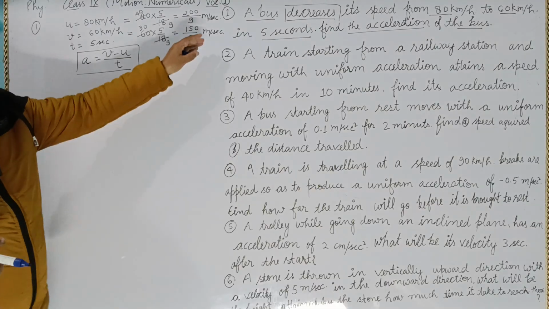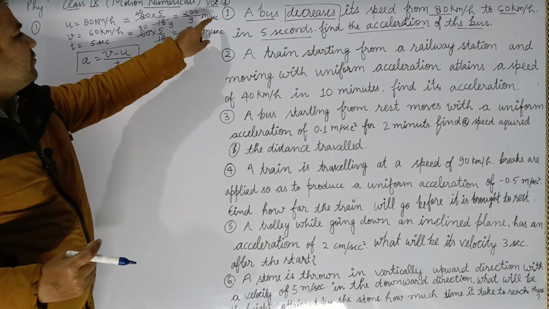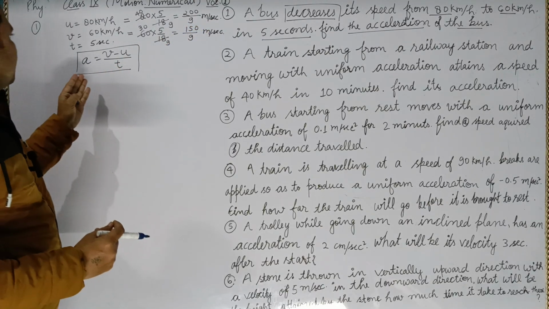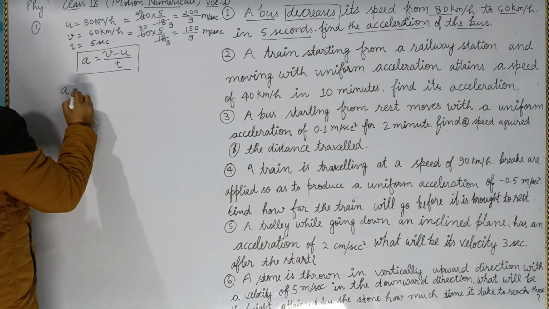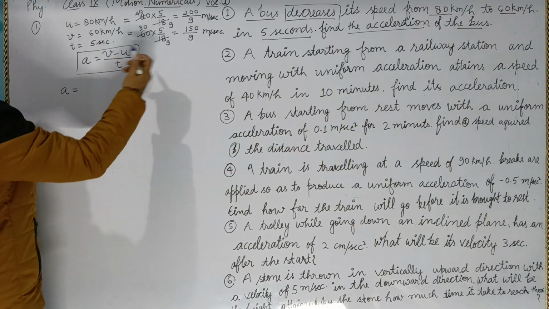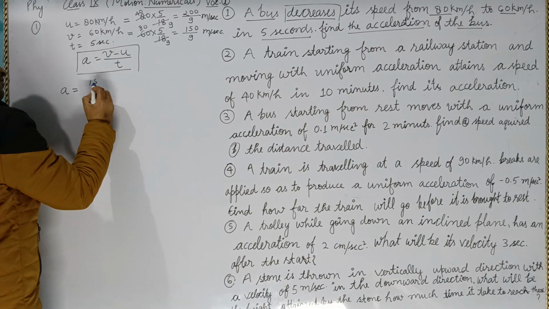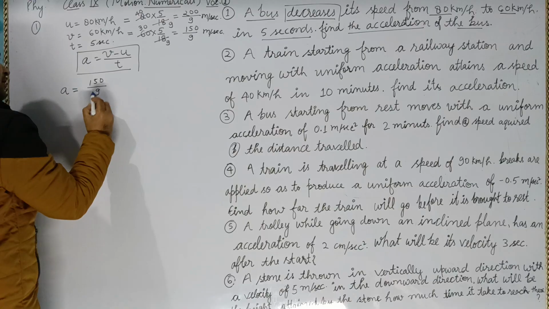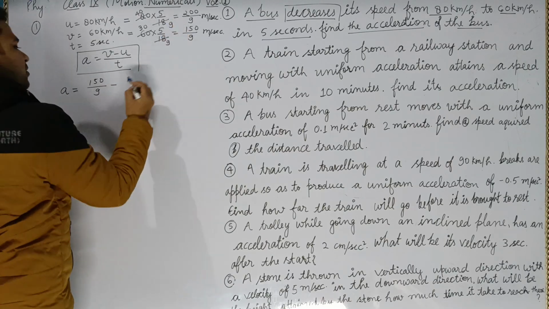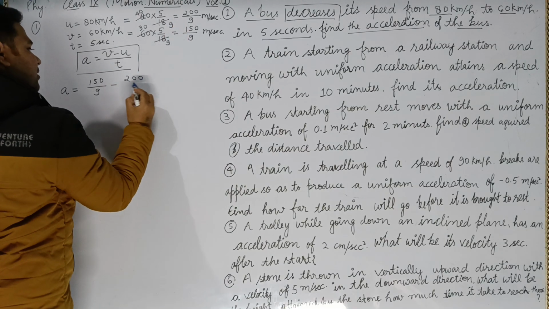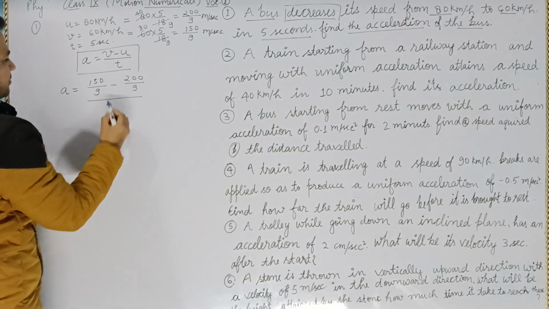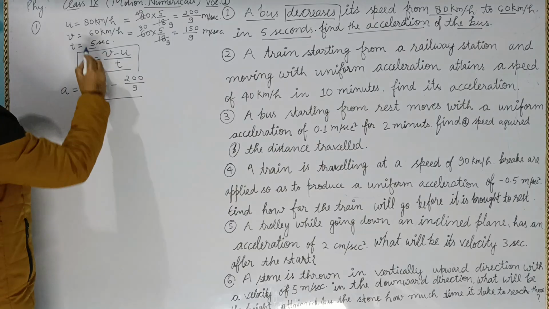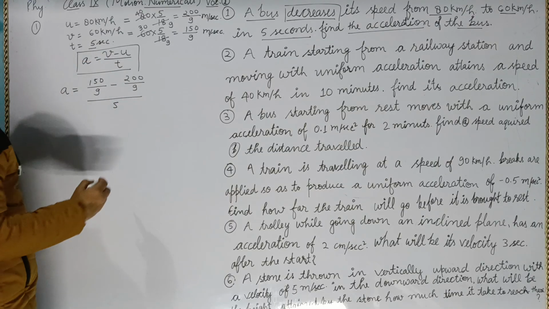Now we put these values in the formula a equal to v minus u upon t. Final velocity is 150 upon 9 minus 200 upon 9, upon t. Time is 5 seconds.